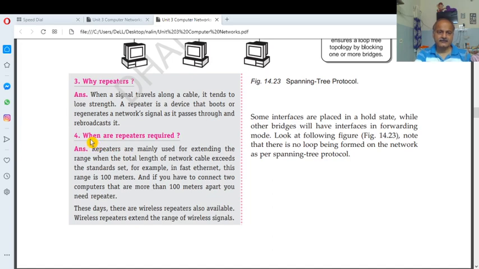Then, when are repeaters required? The answer is the same. When a signal travels along a cable, it tends to lose strength. This is the answer.